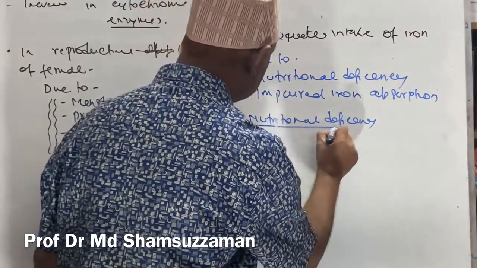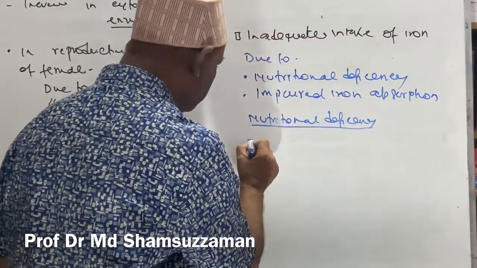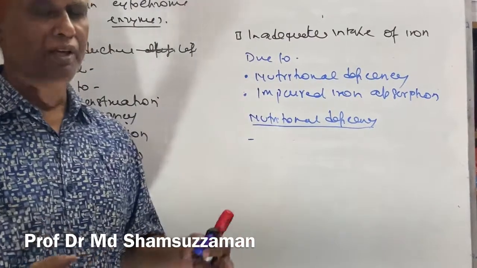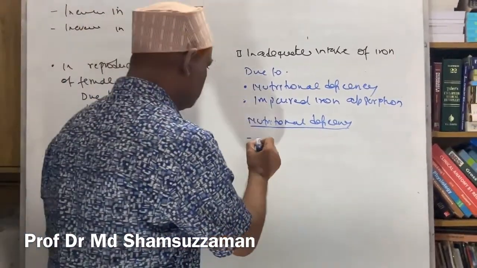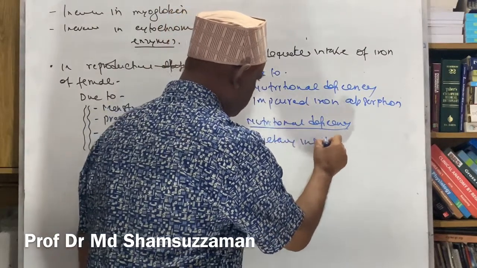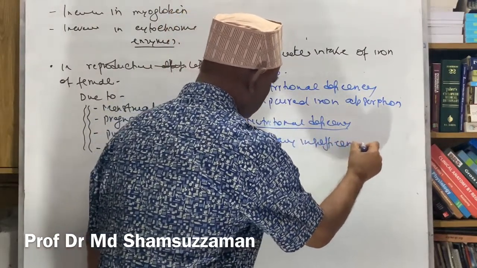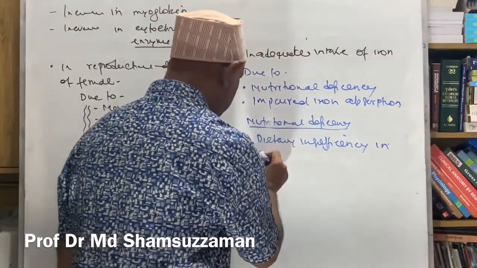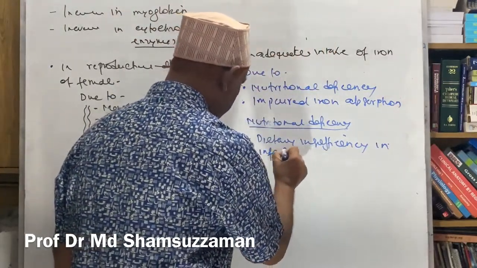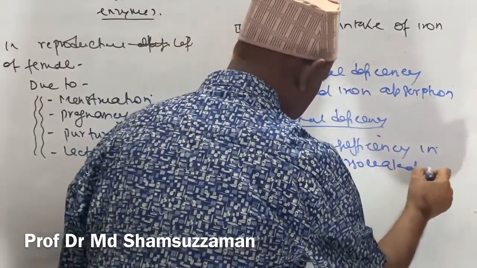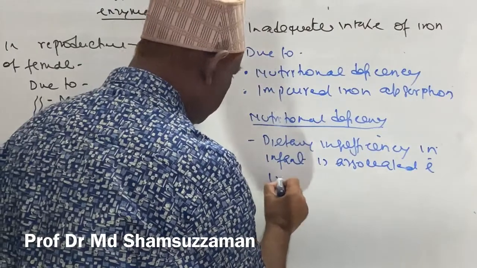This nutritional deficiency may occur in a child or an infant due to dietary insufficiency. So dietary insufficiency in infant is associated with iron deficiency.